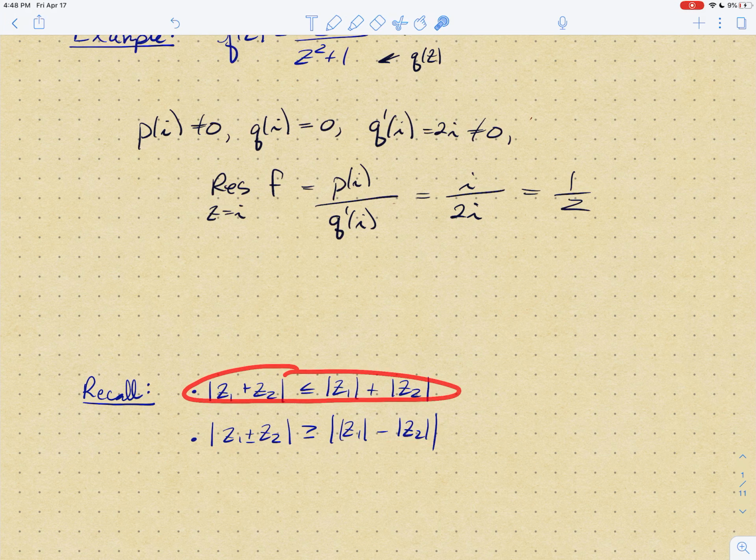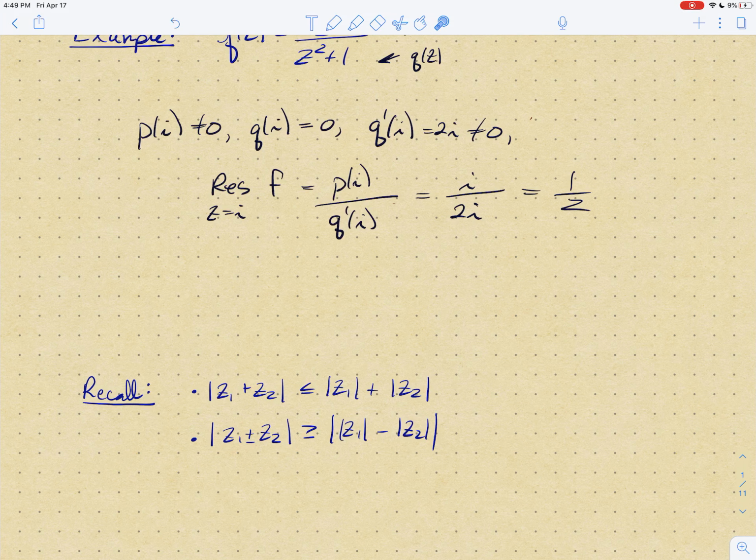This one I think we're all pretty familiar with, but I'm going to make use of this one right here. The modulus of z1 plus or minus z2 is always greater than or equal to the absolute value of the modulus of z1 minus the modulus of z2. These outside bars are absolute value because the inside is a real number. So I'm going to need that down the road with some of the things that we run into.